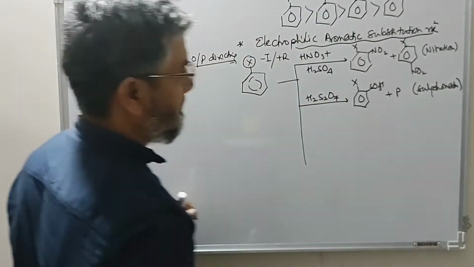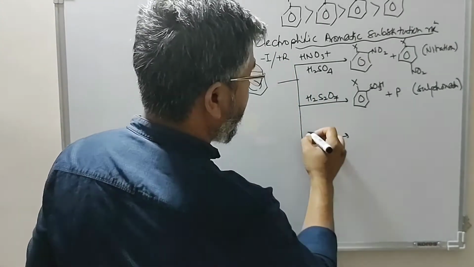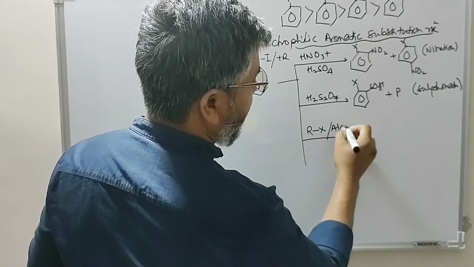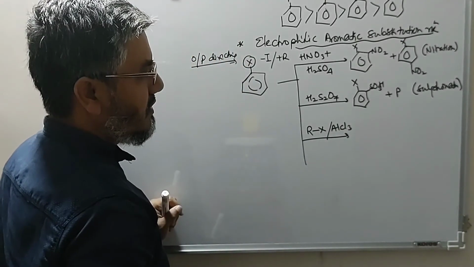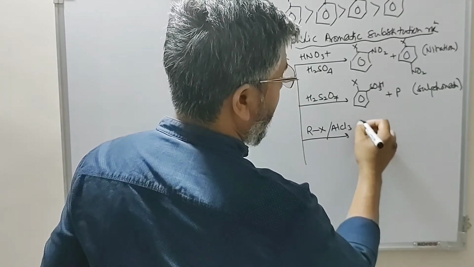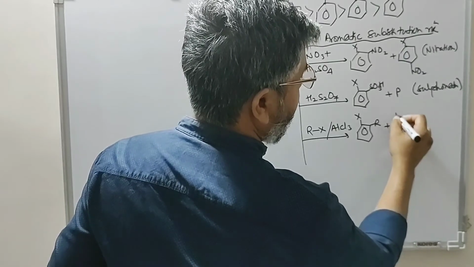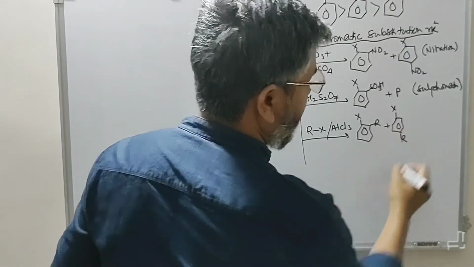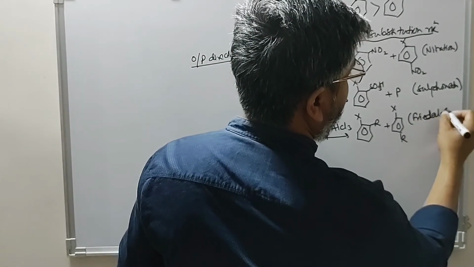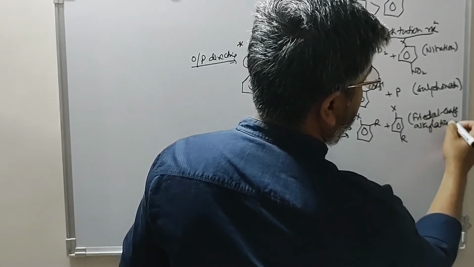When this compound is made to react with alkyl halides in the presence of catalyst AlCl3, substitution occurs and an alkyl group is introduced at ortho and para positions. The reaction is known as Friedel-Crafts alkylation.